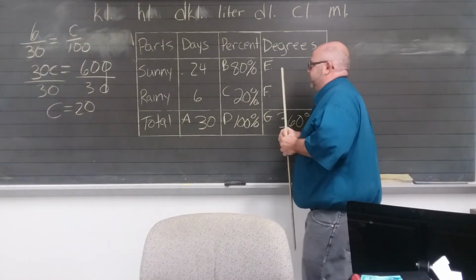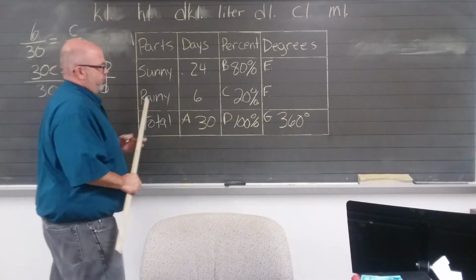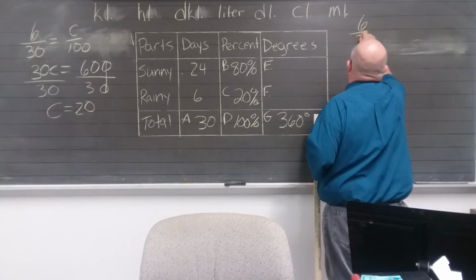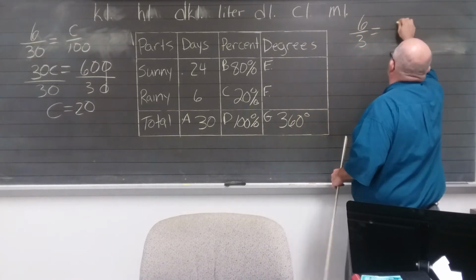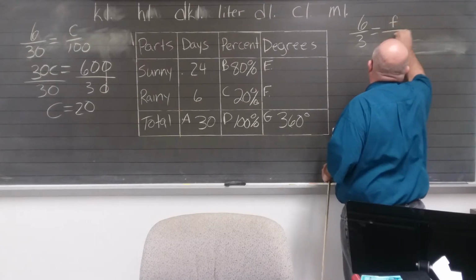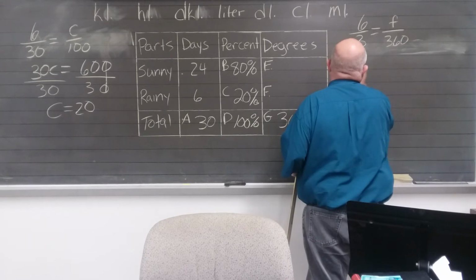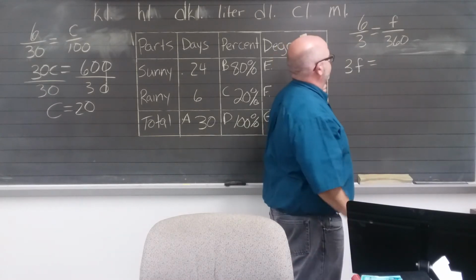All right, do the same thing for this. So let's work the proportion going 6 over 30. Again, let's find F. 6 over 30 equals F over 360. So then we have 30F equals, what's 360 times 6?